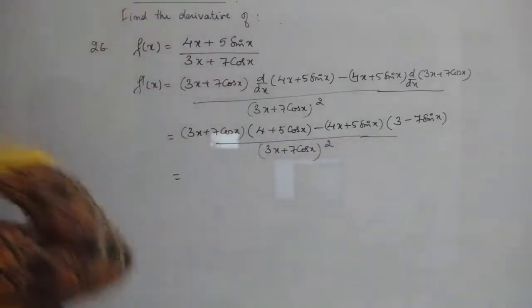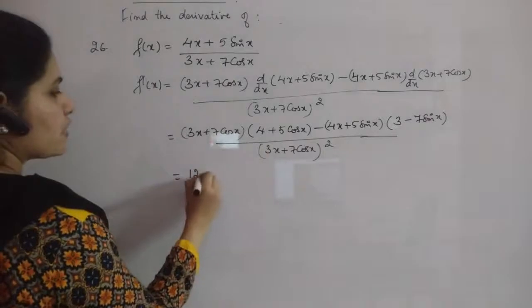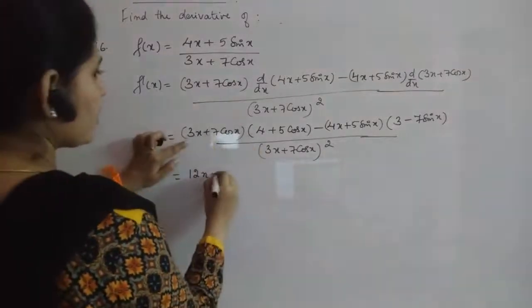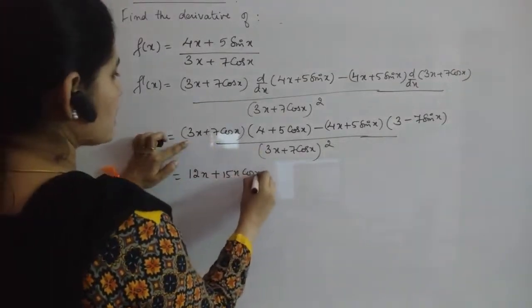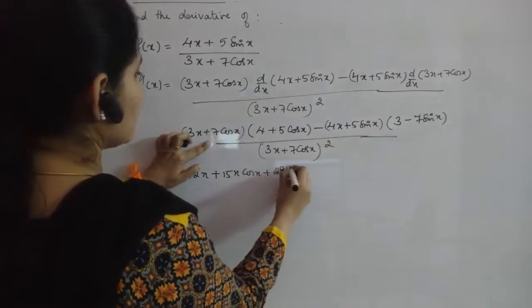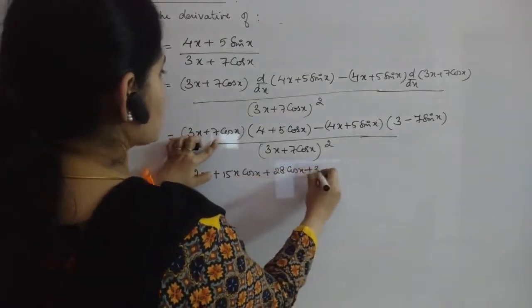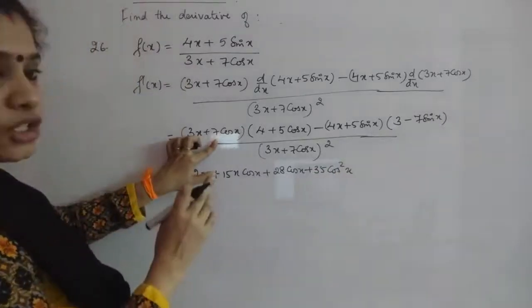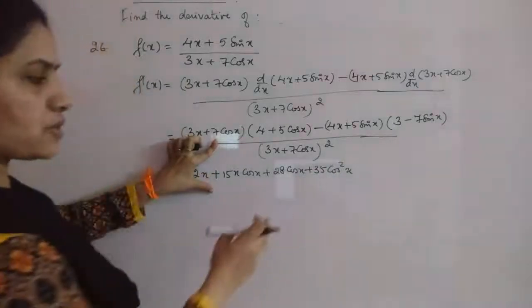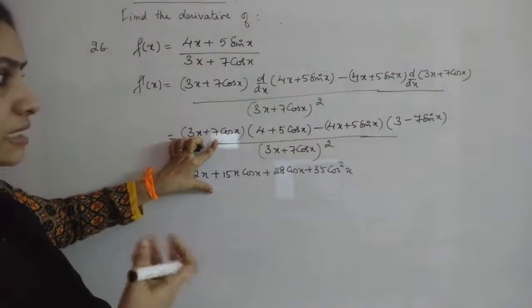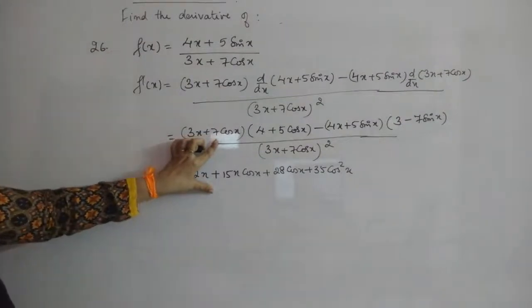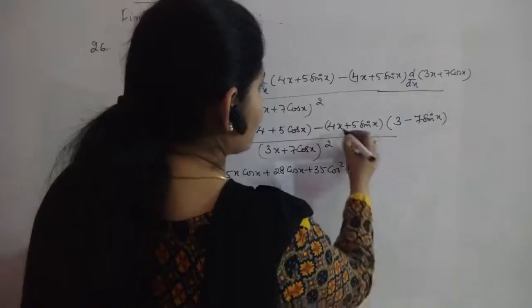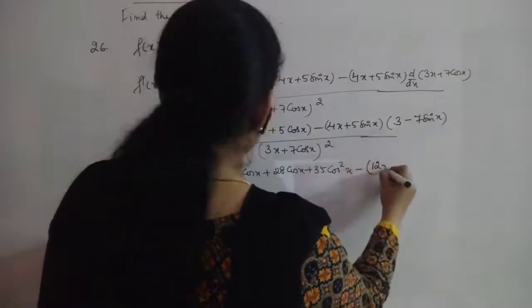Now multiplying, what you will get? This will give you 12x plus 15x cos x plus 28 cos x plus 35 cos square x. Because you have an option to get cos square and sin square, that's why we are doing. If it is of use or not, we don't know. Okay, so we just have minus of 12x.